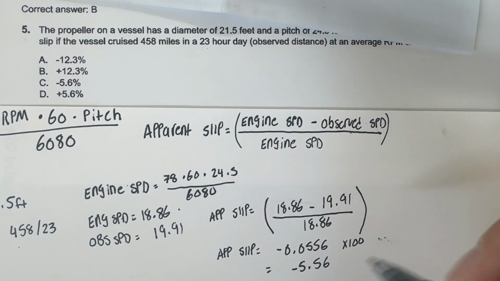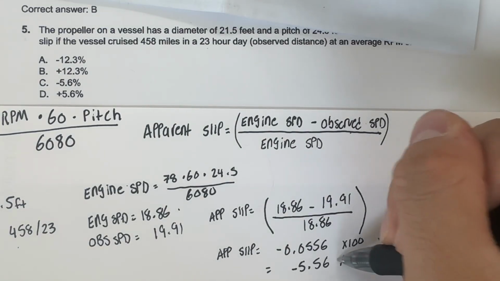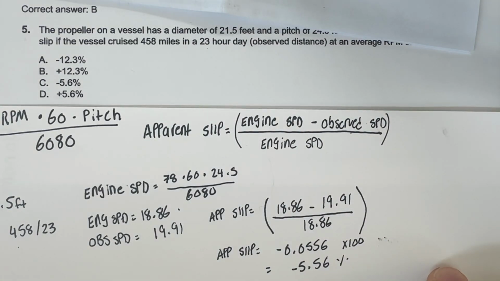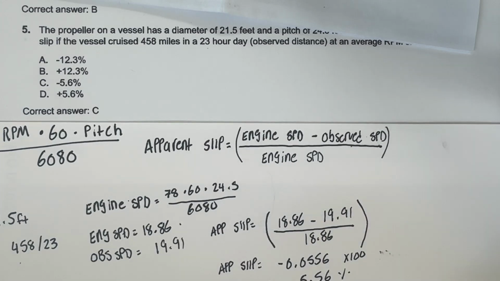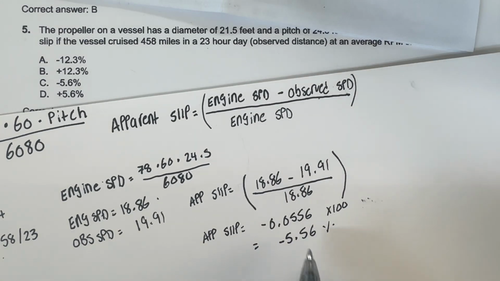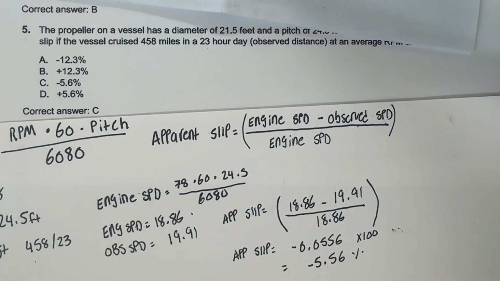So this would be our answer as a percent. Negative 5.5 or negative 5.6 percent is our answer. That's what we calculated it out to be. Negative 5.6, the answer is C, and that's correct.